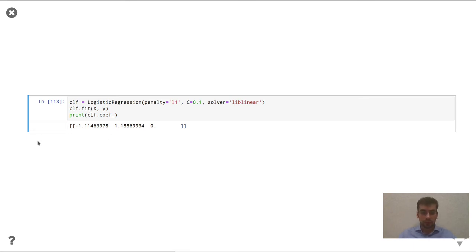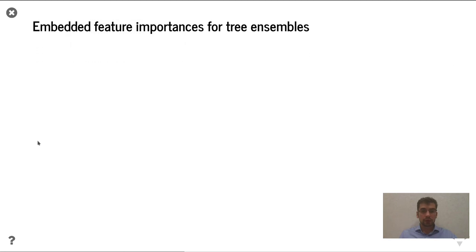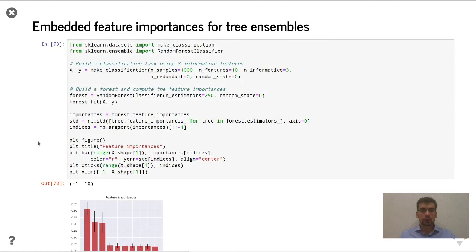Okay, and finally, I just want to remind you that you can use embedded methods for tree-based classifiers and regressors. There are several ways to calculate importance using trees and, subsequently, ensembles of trees. One of the simplest is that when you make a split, you improve your objective function, right?